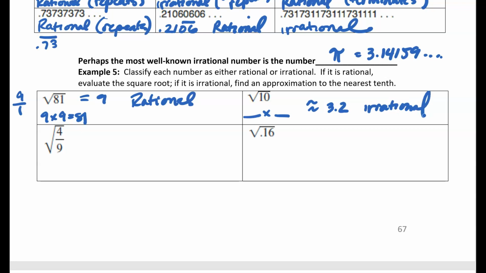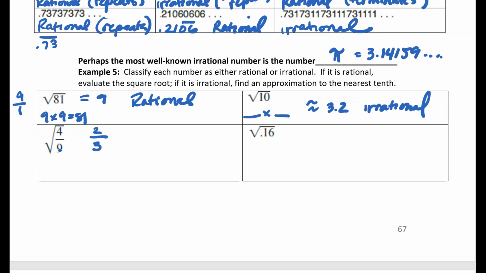Okay, square root of 4/9. This is a good one because earlier I had said, if you don't get a whole number, that's a problem, and then I backed up and thought, well, no, we don't want to only think of whole numbers as appropriate answers to square roots, because it is possible, like in this example, we can take the square root of 4, which is 2, and the square root of 9, which is 3.